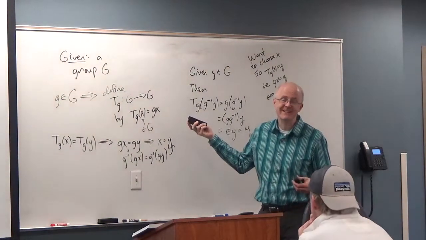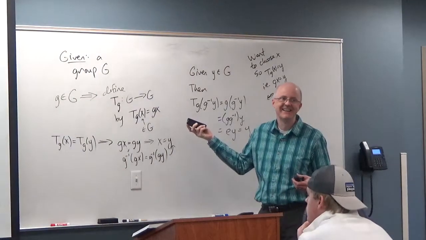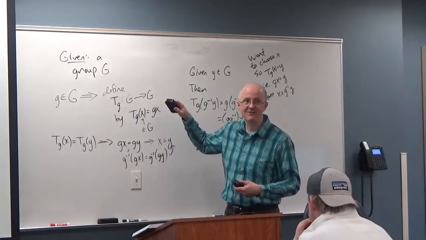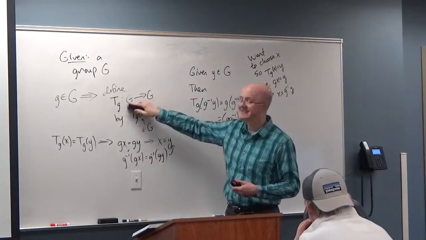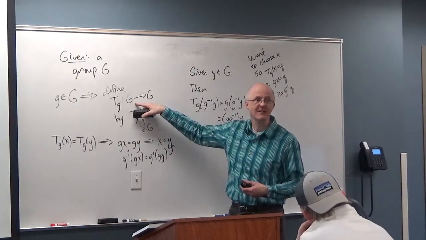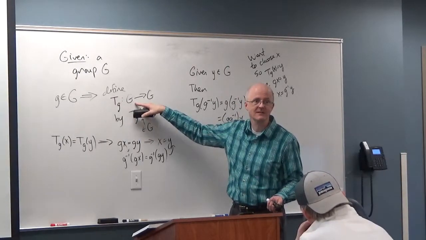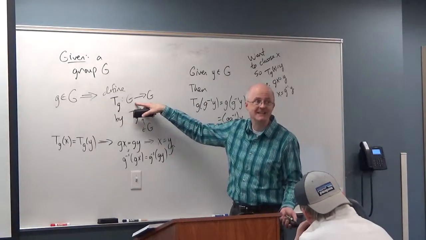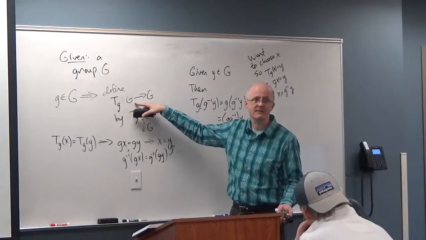Remember from the reading even? It'll be the collection of all T sub g's as little g varies over capital G under function composition. A group of permutations. Not just permutations themselves as a set, but with an operation, function composition.